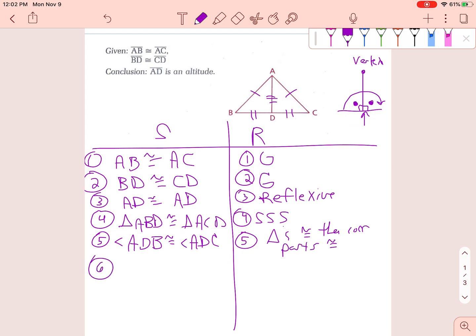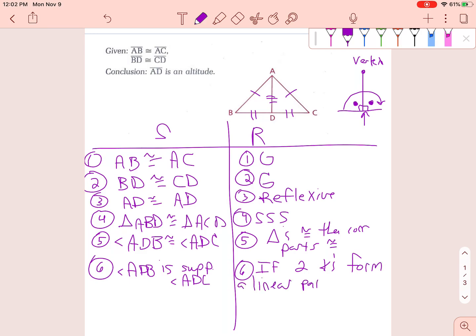Okay, I'm also going to state in here angle ADB is supplementary to angle ADC, and that is because if two angles form a linear pair, and that's assumed from the diagram.